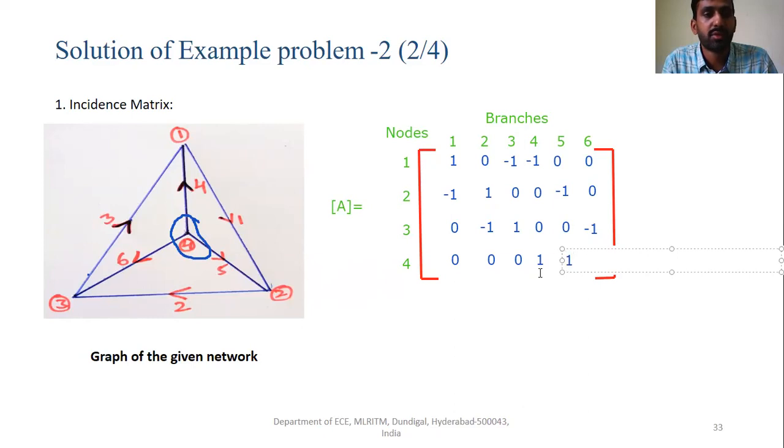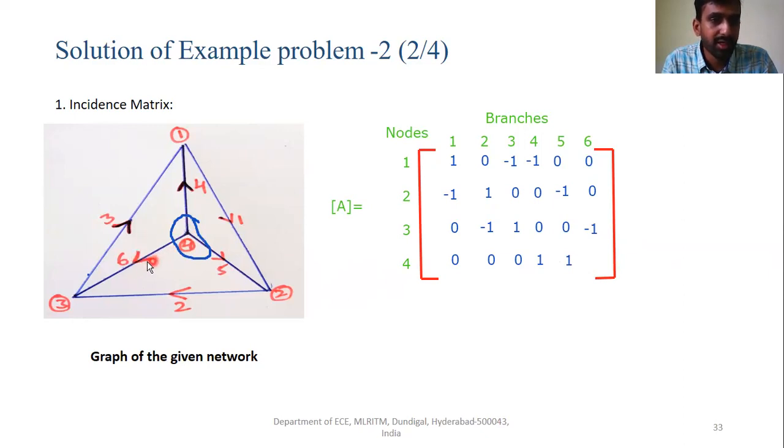So what about branch number 6? Here is your branch number 6. Is branch 6 incident to node number 4? Yes, it is incident to node number 4. That means we will look into the orientation.